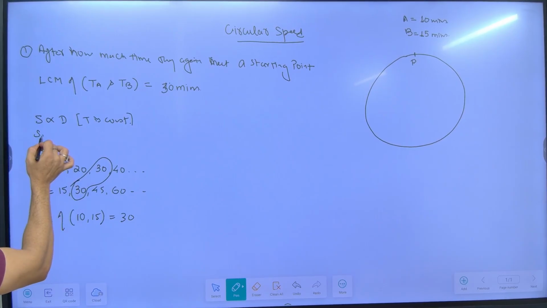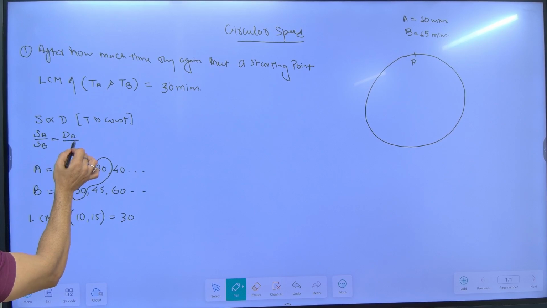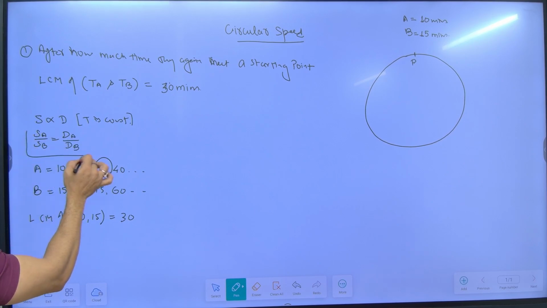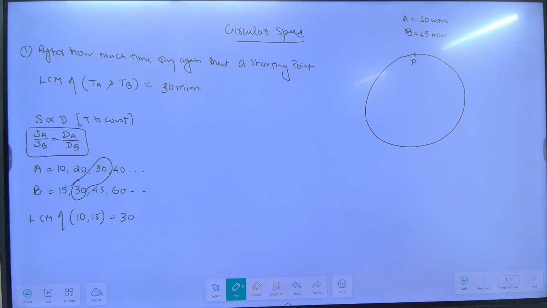So from here, can we say the ratio of speed of A and B is the distance covered by A and the distance covered by B? First thing, right? Distance covered by A and distance covered by B. The ratio of speed will be nothing but the ratio of distance covered.